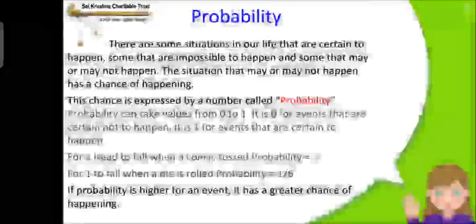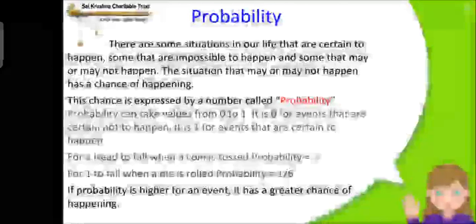This chance is expressed by a number called probability. Probability can take values from 0 to 1. You cannot have values ranging from 0 to 6 or 1 to 6. It is 0 for events that are certain not to happen, and it is 1 for events that are certain to happen.